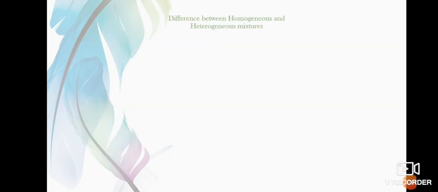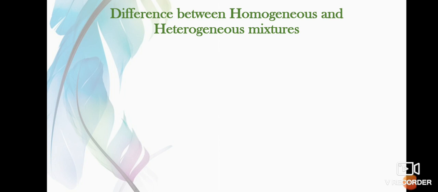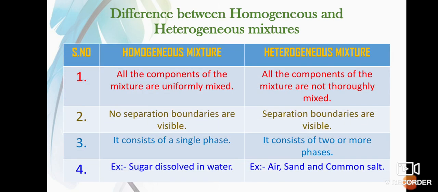Okay. Now, let us discuss the difference between homogeneous and heterogeneous mixtures. First, all the components of a homogeneous mixture are uniformly mixed. But in a heterogeneous mixture, components are not mixed uniformly or thoroughly. They can appear to our naked eye.